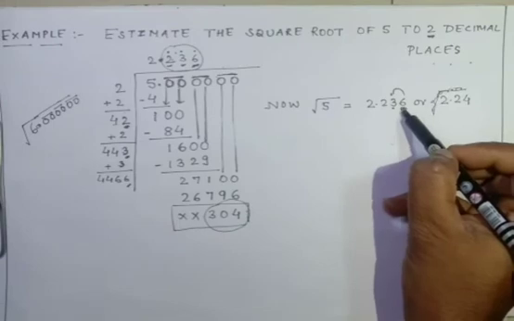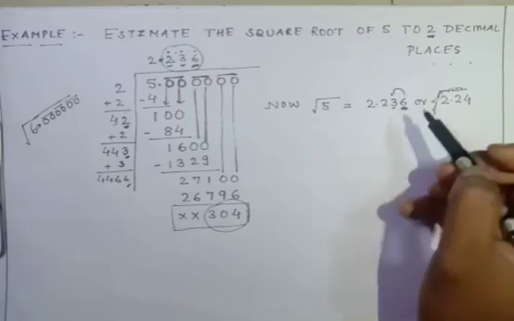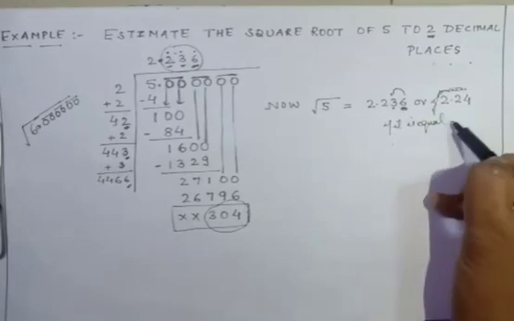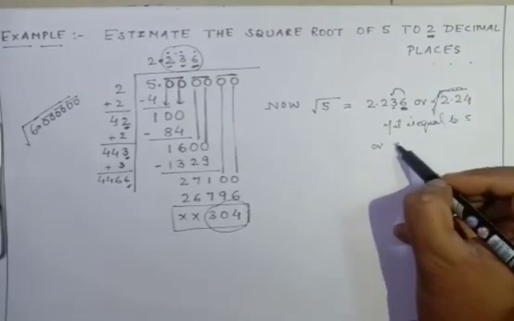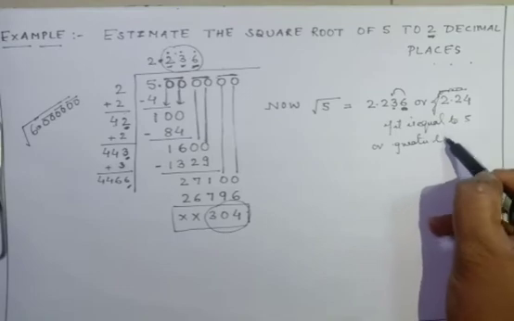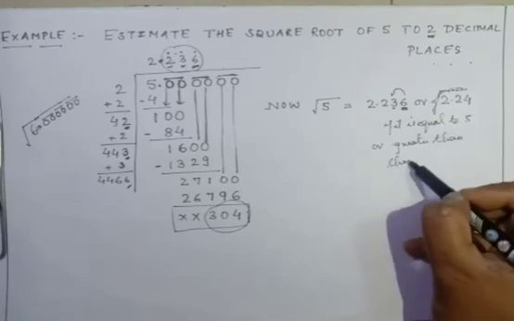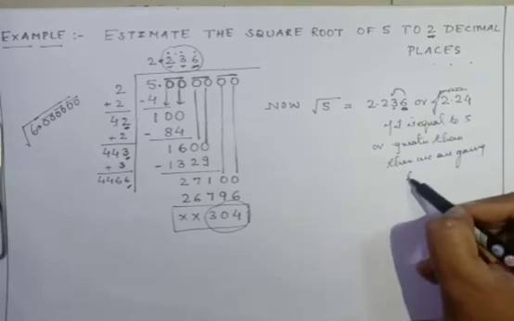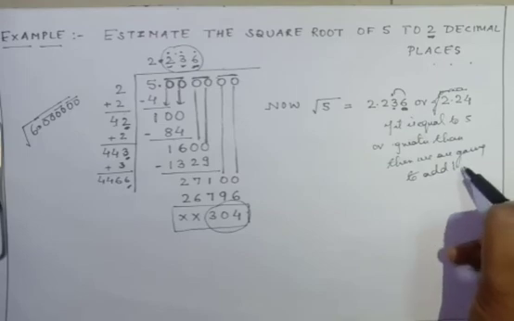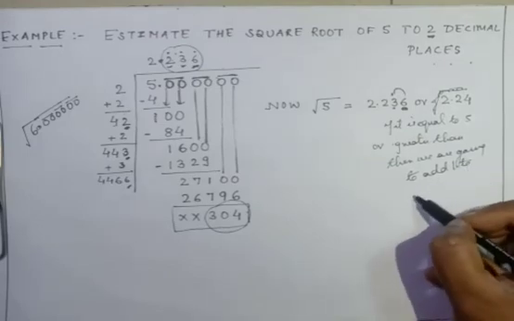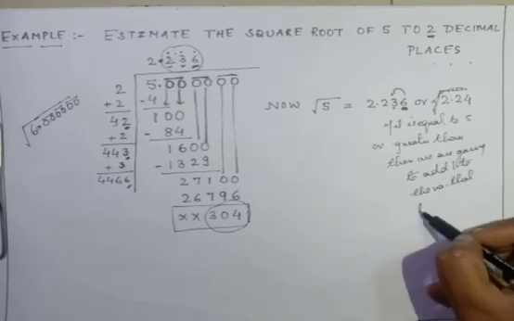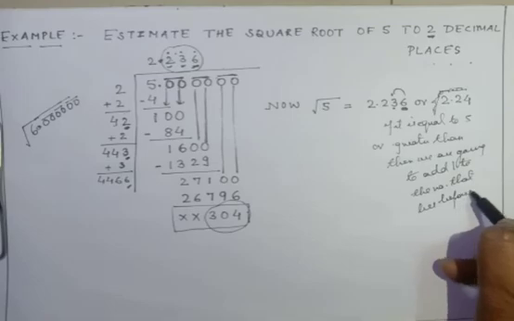We are going to see the last digit. If it is equal to 5 or greater than 5, then we are going to add 1 to the number that lies before it.